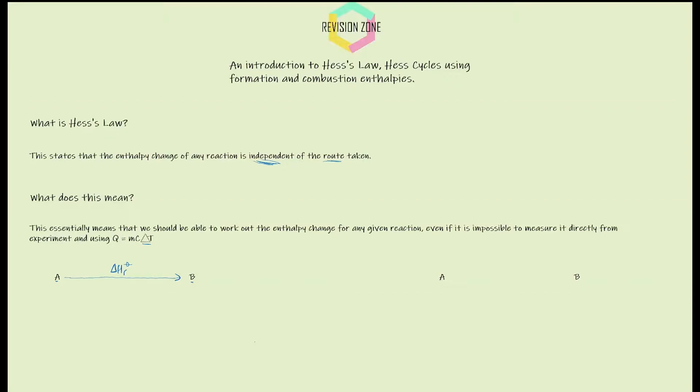But what if I put something in the way, an obstruction that would not allow me to measure the temperature change? Maybe it's too dangerous to get from A to B, and therefore it's not worth actually doing this experiment directly.